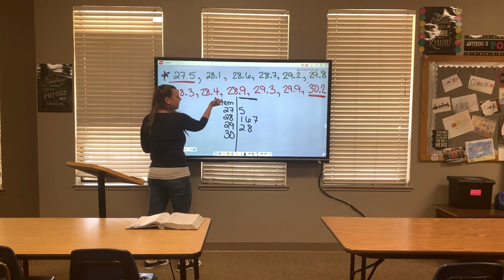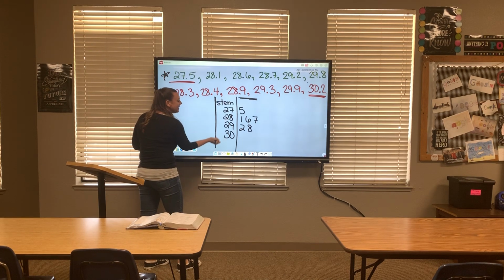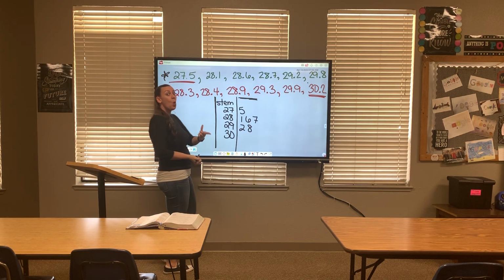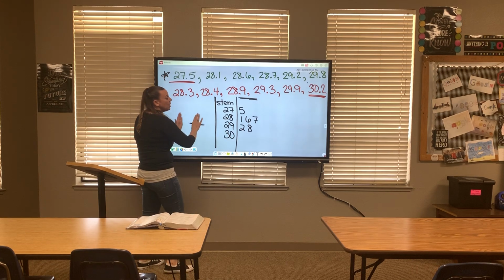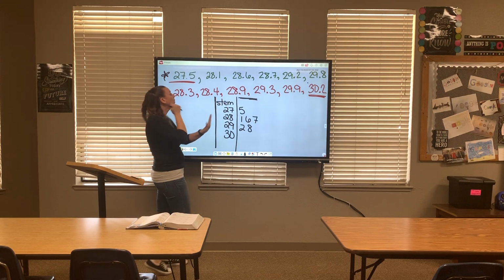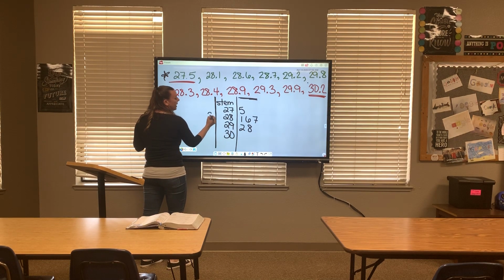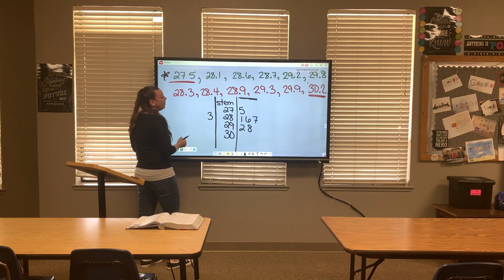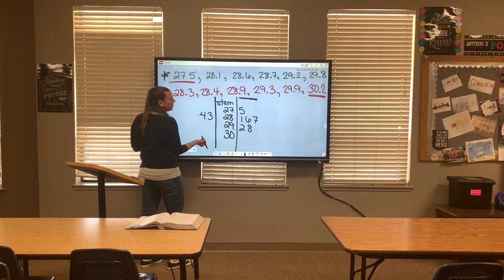Now, a double stem and leaf plot means I'm going to create a second stem, and in order, I'm going to go backwards. So the right-hand side counts that way, the left-hand side is going to count this way. So I have 28.3, I don't have anything in the 27s now. I have 28.4, I have 28.9, 29.3, 29.9, and 30.2.